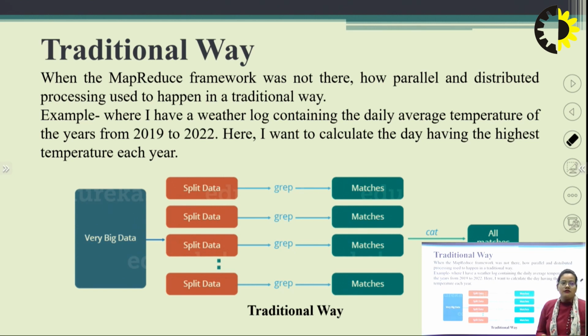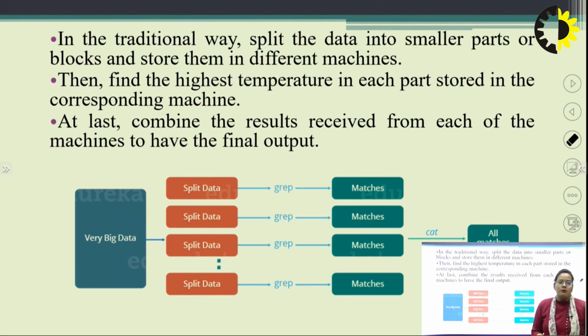In the traditional way, firstly we split the data into smaller parts or blocks and store them on different machines. Then we find the highest temperature in each part stored on the corresponding machines. At last, we combine the results received from each machine to get the final output. This will be the final output.